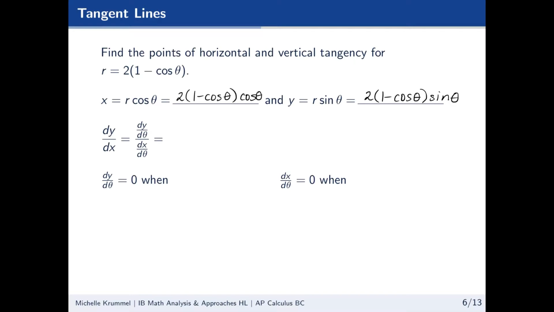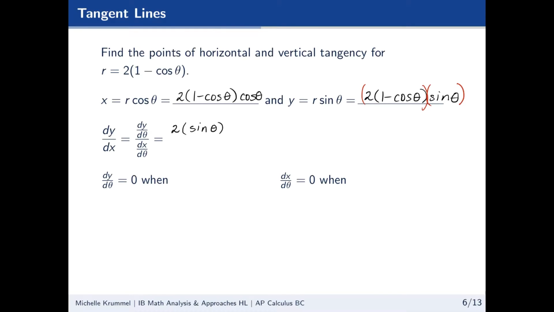For dy d theta, I'm going to use the product rule. And when I use the product rule here, I'm going to group the 2 times 1 minus cosine theta as one factor, and then the sine theta as my second factor. So derivative of the first, 2 is a constant multiple, so 2 times the derivative of 1 minus cosine theta is sine theta.